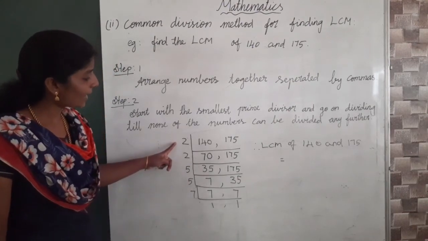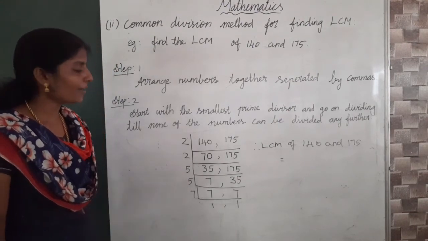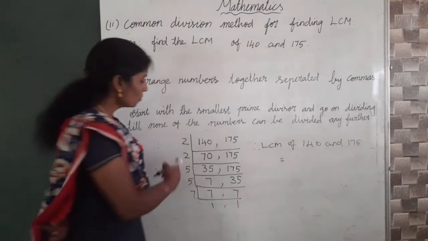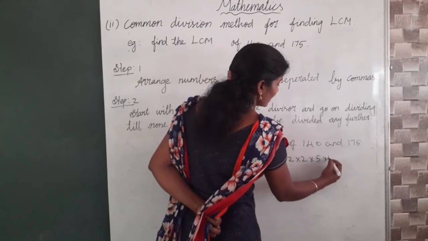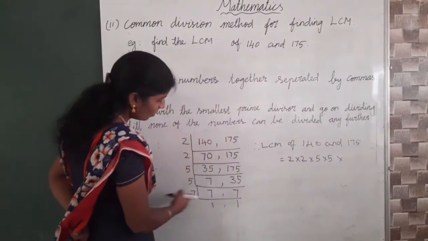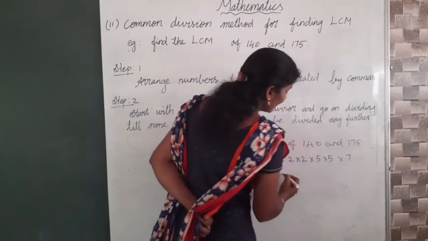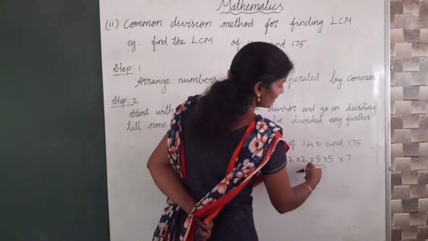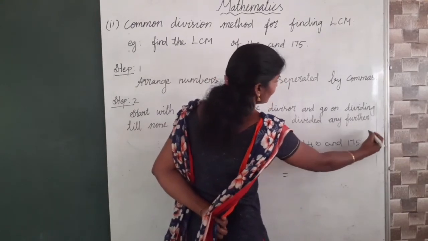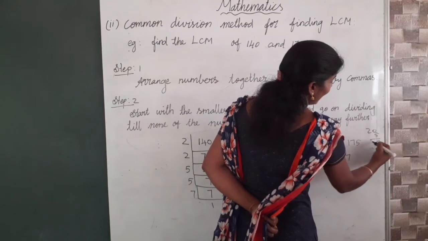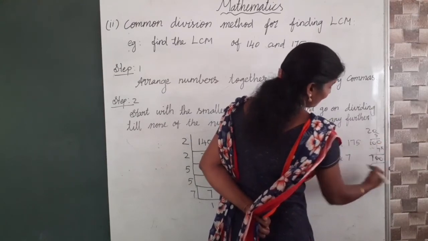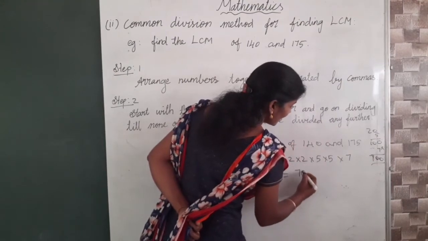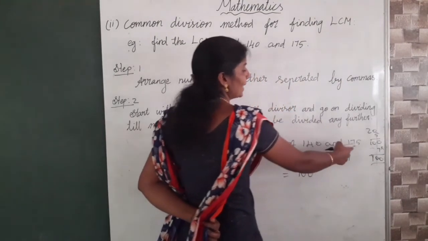That we can write the product of these prime factors. 2 into 2 times, then again 5 2 times, then 7 1 time. Okay, now 2 2s are 4, 4 5s are 20, then 20 into 5 is 100, then 100 into 7, 700.